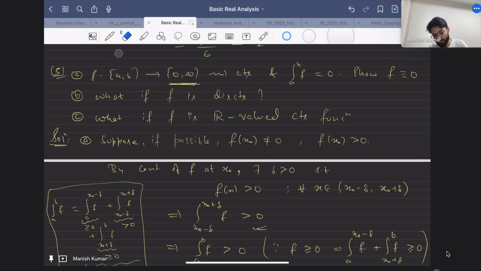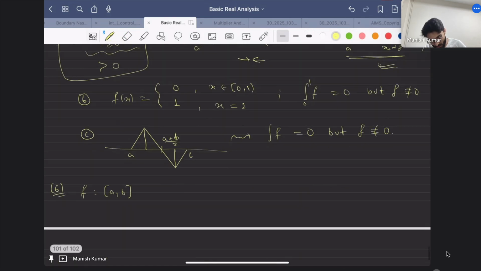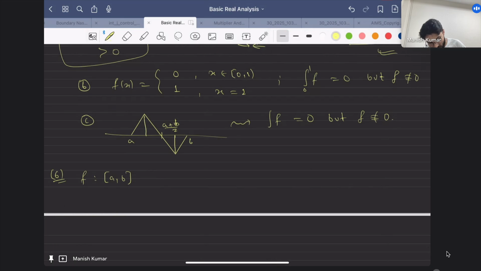So suppose f from a to b to R. So f square integrable implies f integrable, mod f integrable implies f integrable. So is this true?